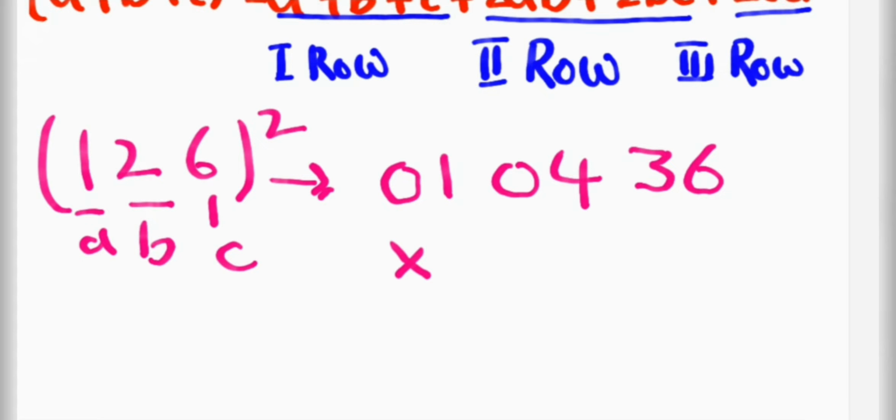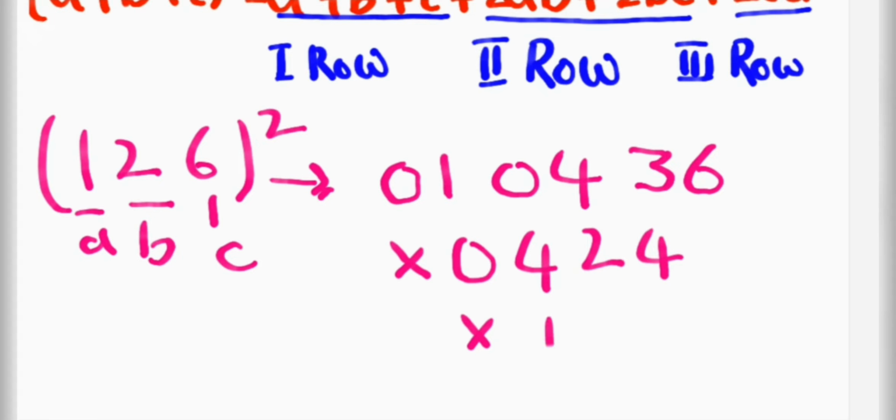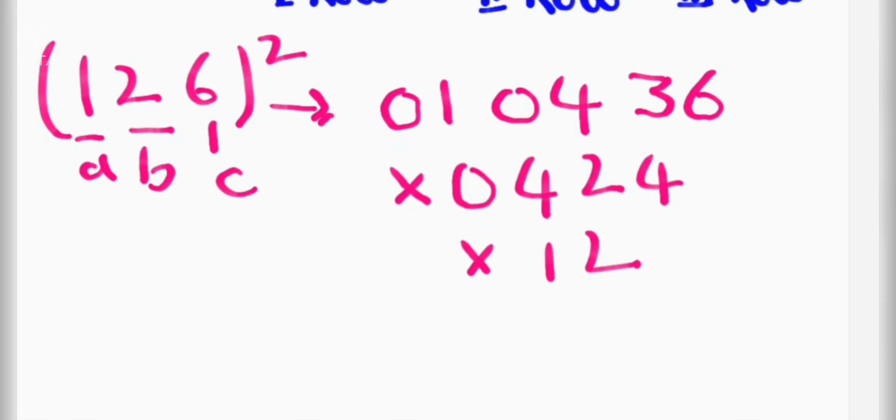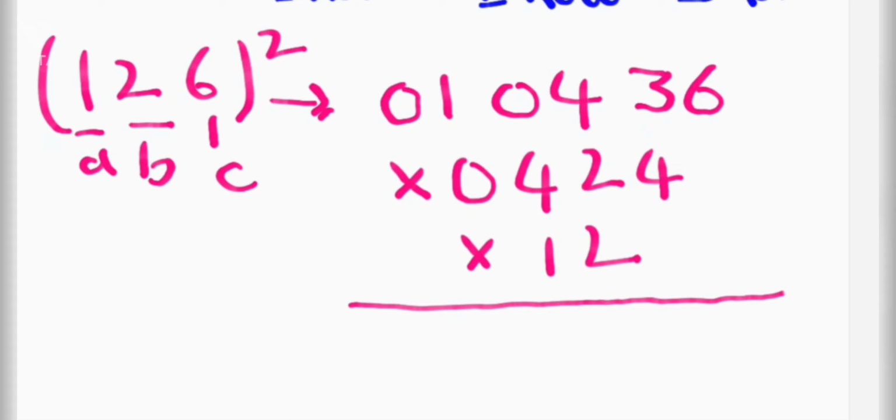Therefore 2 into 6, we have to write 24. 2bc is 24. Next second row completed. Now third row. Again leave the first place. Third row is 2ca. 2 into c means 6, a means 1. Therefore 2ca means 2 into 6 into 1, that is 12. Write 1 2. Now add these 3 terms.